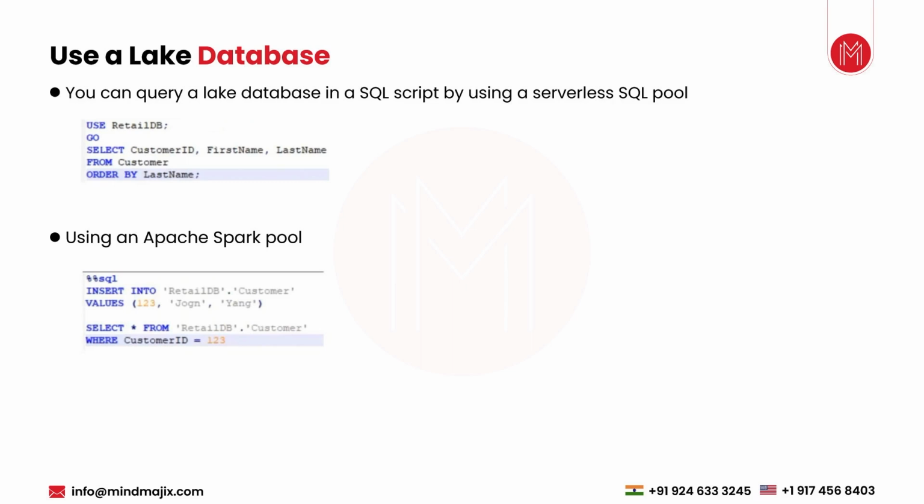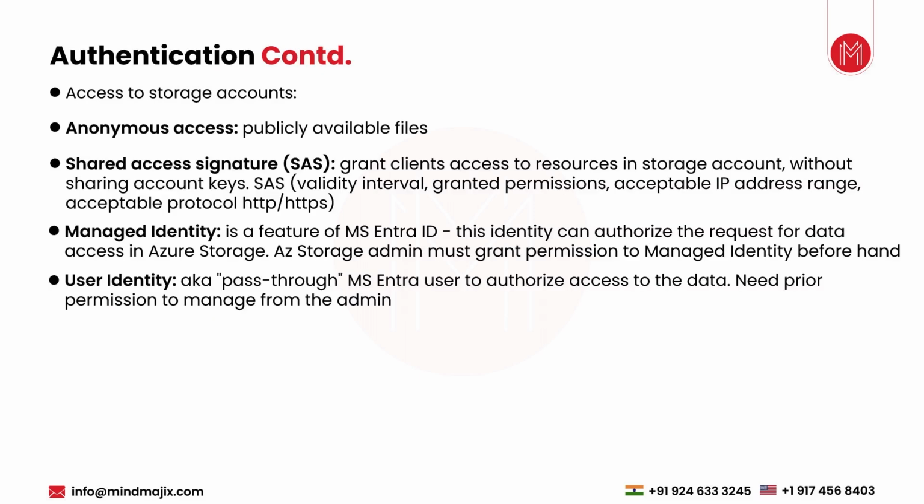We'll do it tomorrow. The different types of authentication methods, we have seen SAS earlier. There is anonymous, which is password free, publicly available. There is managed identity and user identity. I would recommend you read through Azure Active Directory, which is called AD, and then Microsoft Entra ID, which is similar to AD, but now AD is a system and Entra ID is just an identity given to a customer.